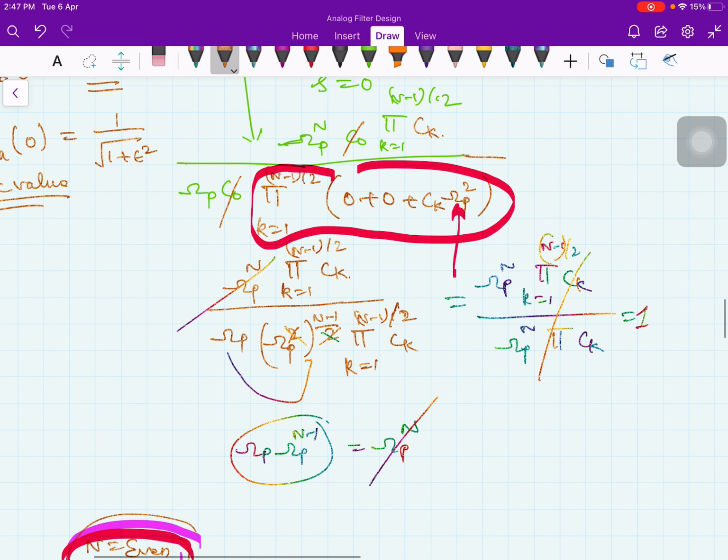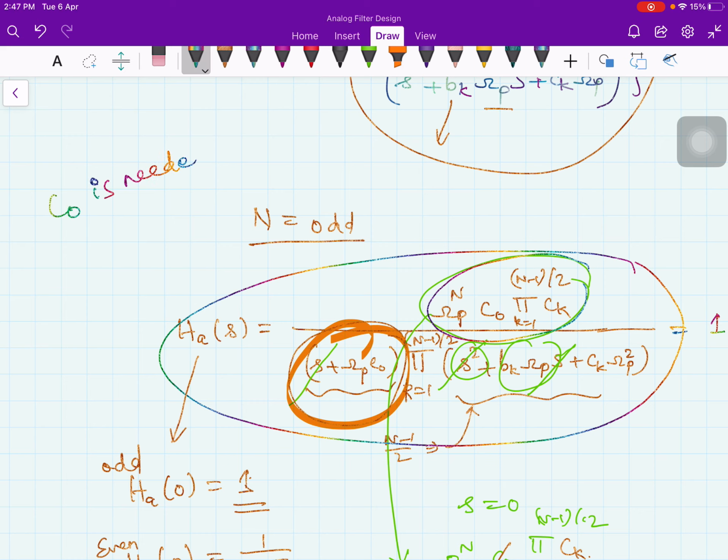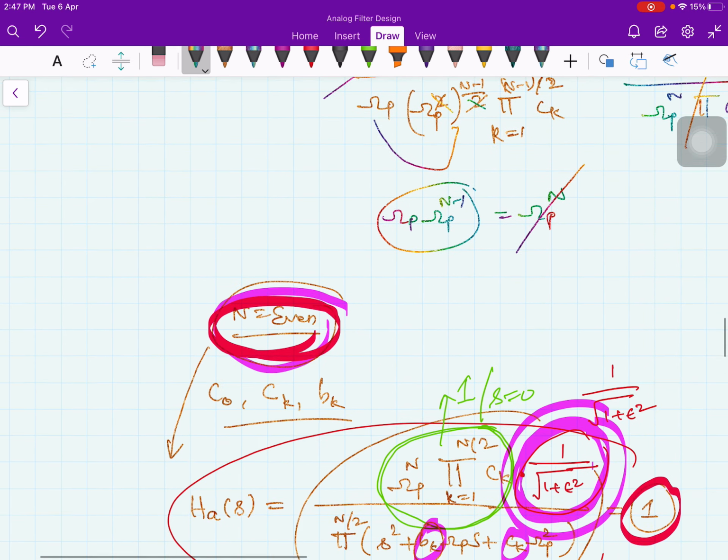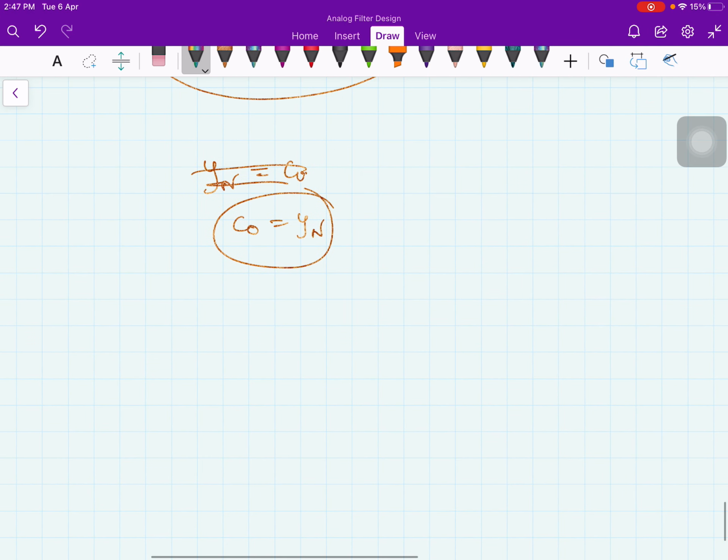If you look at it, for the first order pole you need C0. So C0 is needed only if the order is odd, otherwise we don't want it. For an even ordered filter we don't require C0, but anyway it is needed to calculate other coefficients.